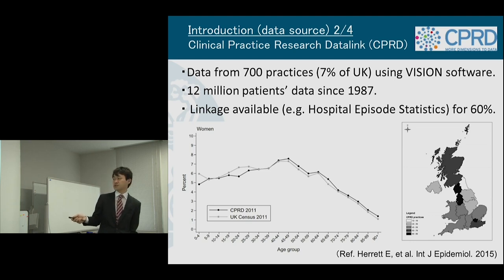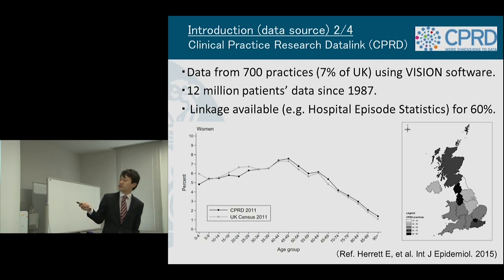But age distribution is very similar between CPRD and UK census, or 人口動態統計 in the UK. But it's not representing geography and socioeconomic status, because CPRD started from London. And density, or the number of practices participating in CPRD, is higher in London and the northern area in the UK.